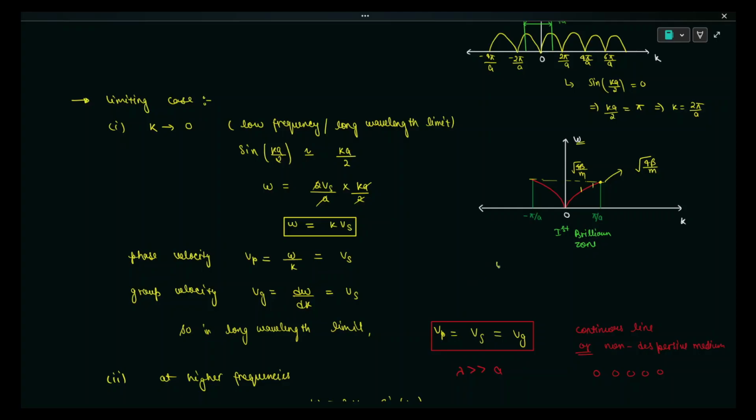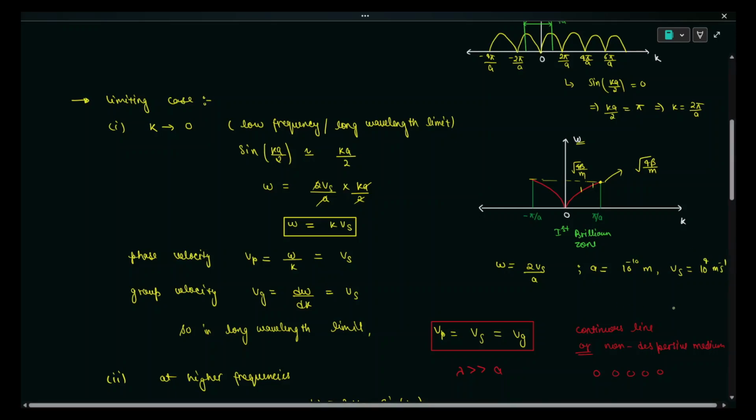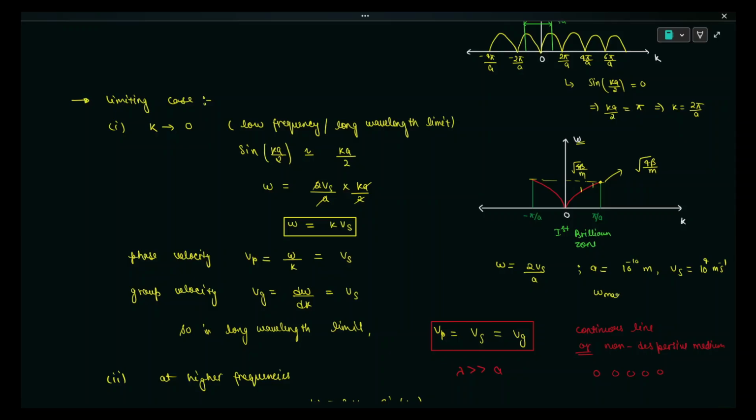So for example, this upper cutoff frequency is given by 2 Vs by a, and let's take an example of a equal to 10 raised to power minus 10 meters, and the value of Vs, the sound velocity, around 10 raised to power 4 meter per second. So in that situation, the maximum frequency which can be transmitted, omega max, is nearly equal to 10 raised to power 14 Hz.